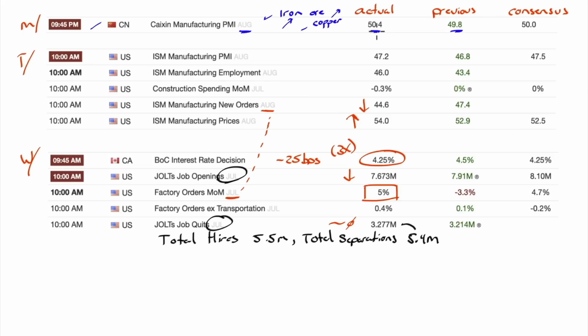This is a promising sign, 50.4. The consensus was 50. The previous was 49.8. So we did have an increase, or a better than consensus, and an increase from the previous month. So it beat on two of these measures. I'm not too big on the consensus. I'd rather see the trend over the previous month.